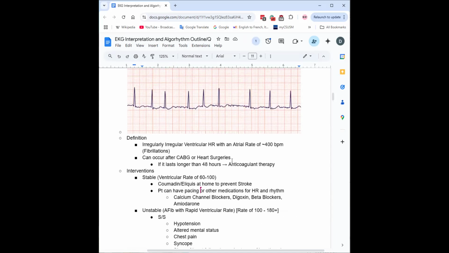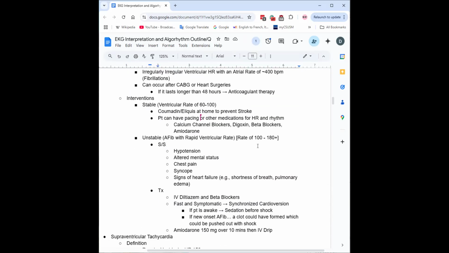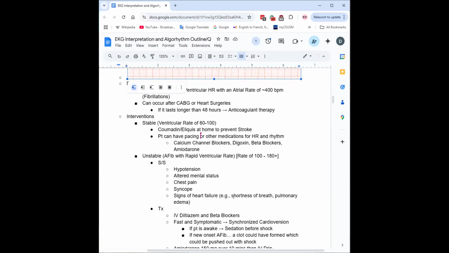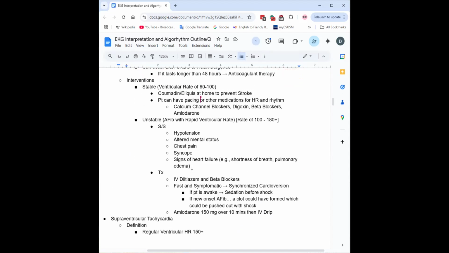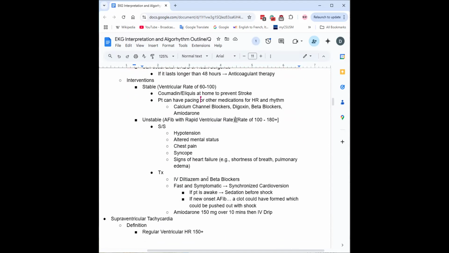But if you do have that patient with AFib, which you may or may not have for simulation lab, I think you do, then it's worth looking at that risk of stroke, assessing their mental status, and checking their heart rhythm to see if they go into RVR or some other arrhythmia, signs of hemodynamic instability, and then knowing your interventions.